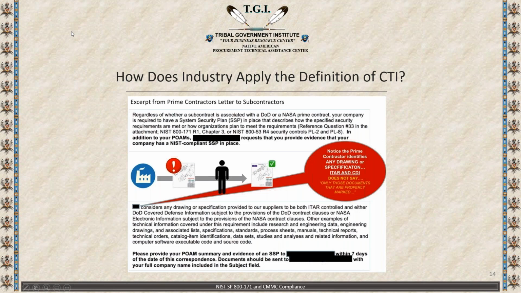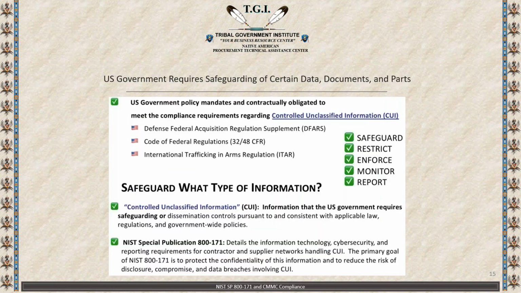These laws mostly share the same common safeguarding requirements using NIST 800-171. You will find some additional unique requirements when dealing with ITAR when compared to the requirements of CUI though, or CTI.